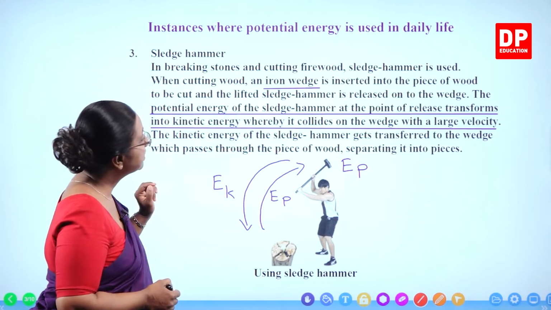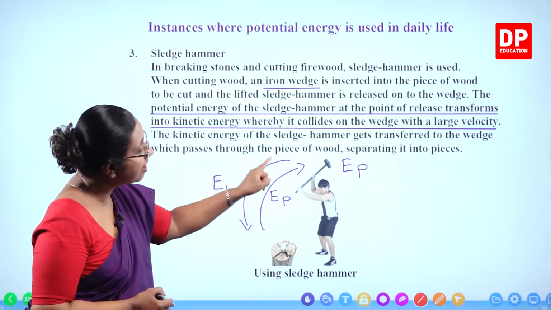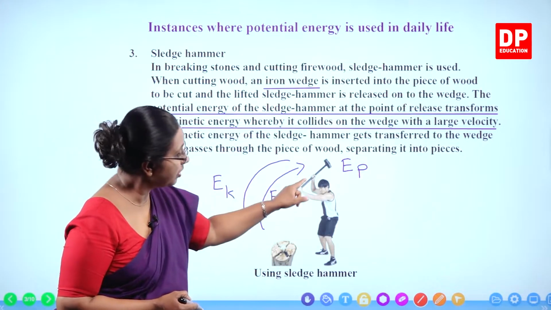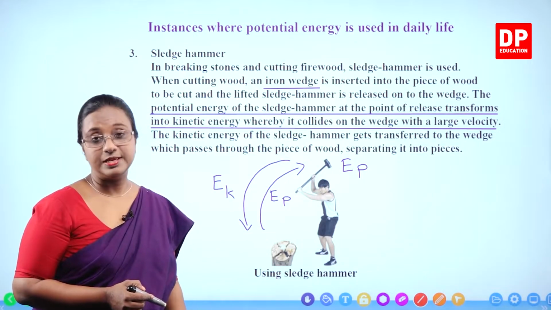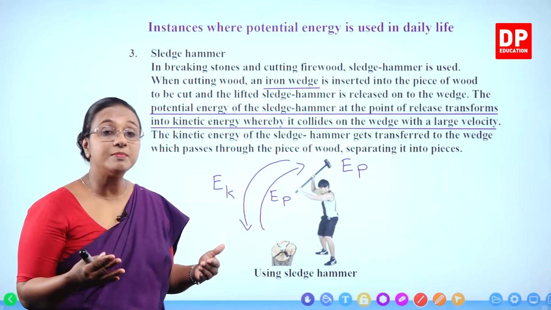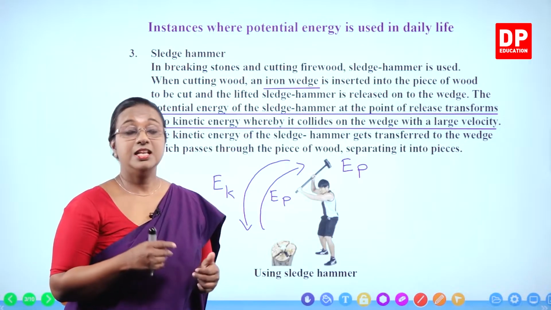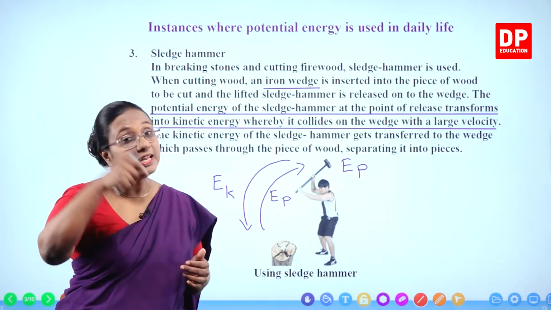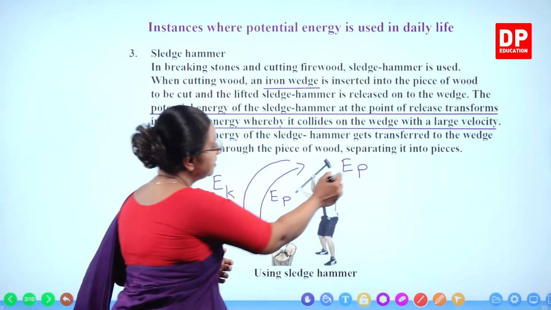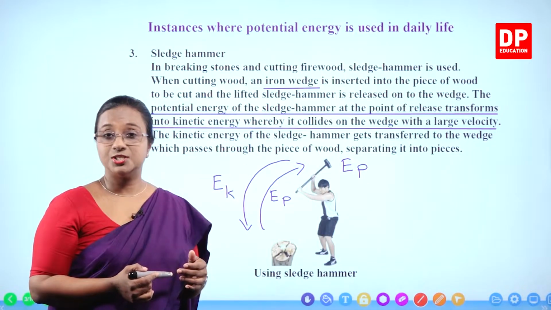The kinetic energy of the sledgehammer gets transferred to the wedge, which passes through the piece of wood, separating it into pieces. So again, conversion of energy or transformation of energy. Initially, you lift the hammer, so while it is moving, it has kinetic energy. Once it reaches this point, it has potential energy.